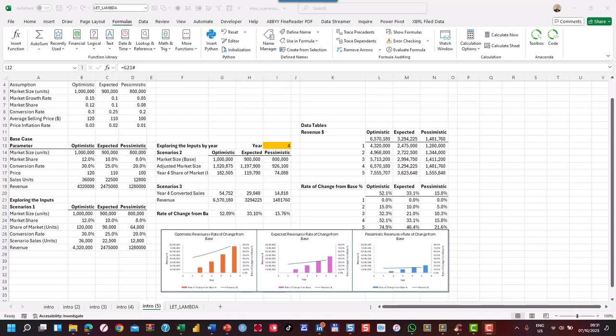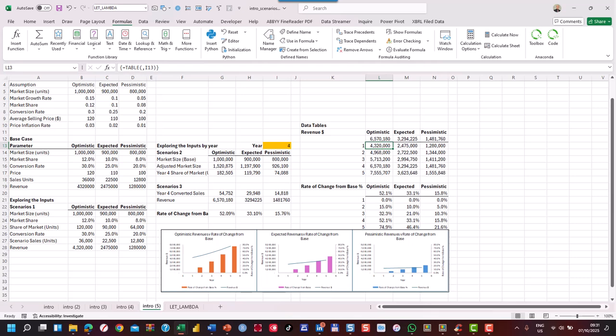And then, because this calculation uses this input, when we do the data table, we use I13 as the column input, which is this one. So that's the foundation.